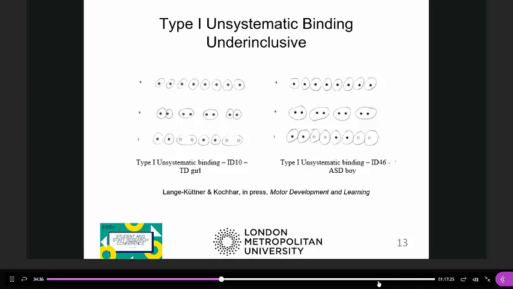We call that unsystematic coding type 1, and it is in a way under-inclusive because the dots are still allocated one place and they do not include other dots, but sometimes they do. This is why it's unsystematic. Sometimes they do, sometimes they don't. Here is an example of a girl, and this is an example of a boy.